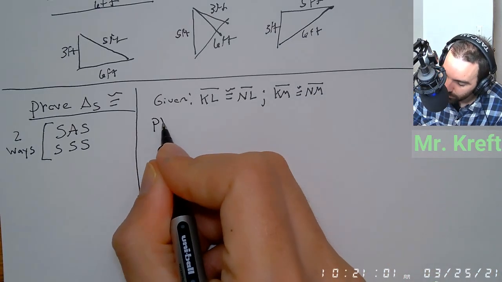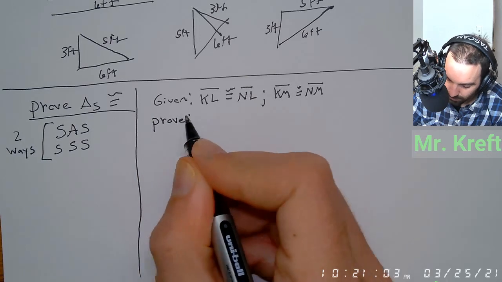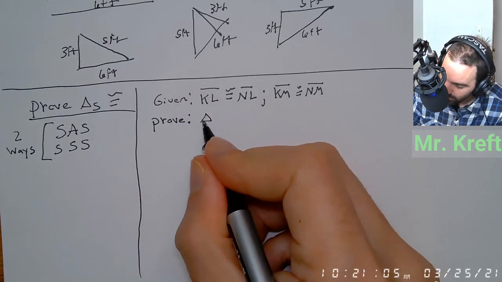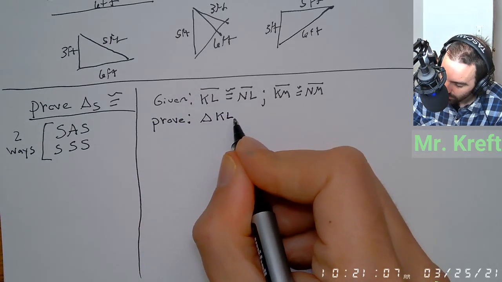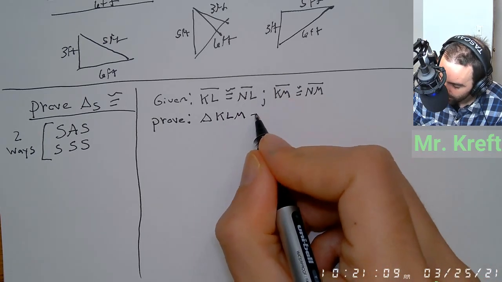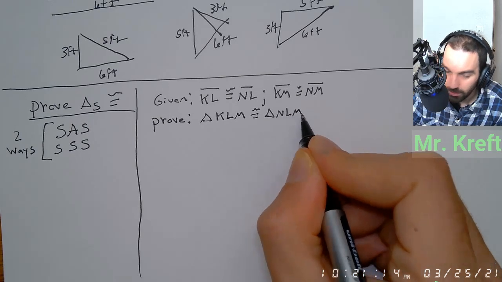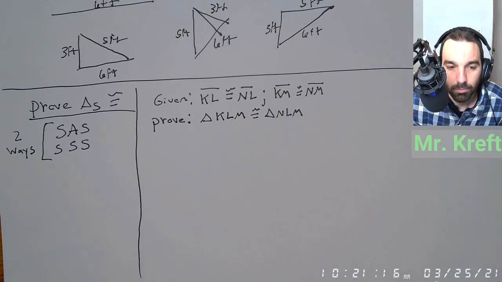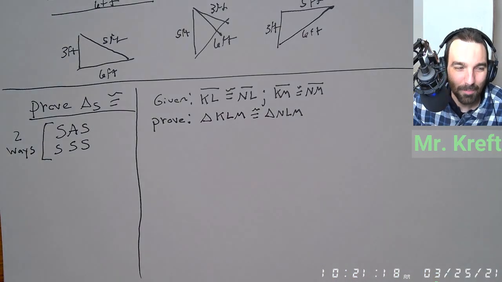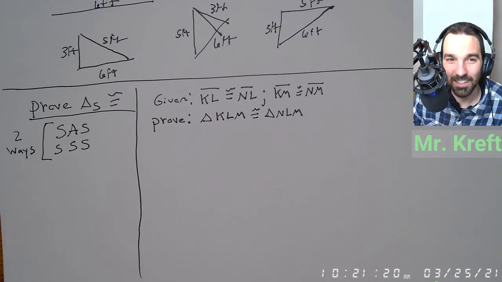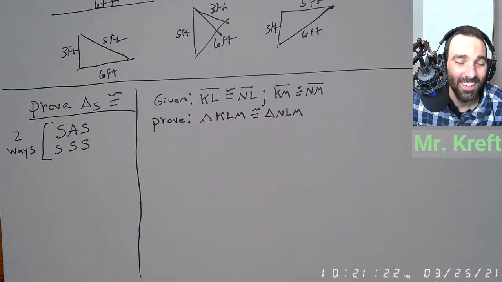And we're going to prove that triangle KLM is congruent to triangle NLM. I'm sorry, that's a lot to write down, but I'm the least excited I've ever been.